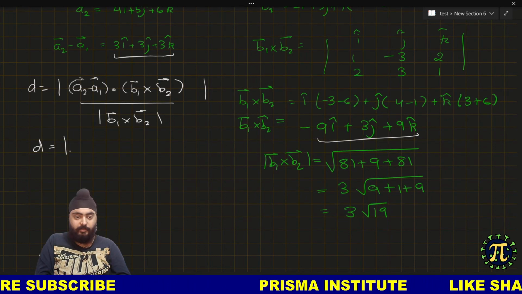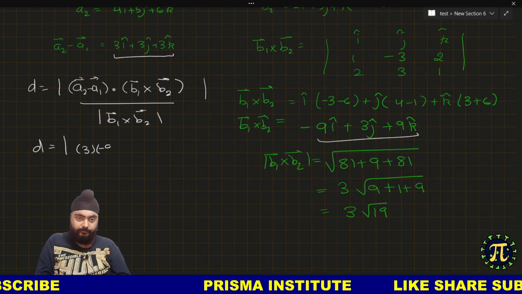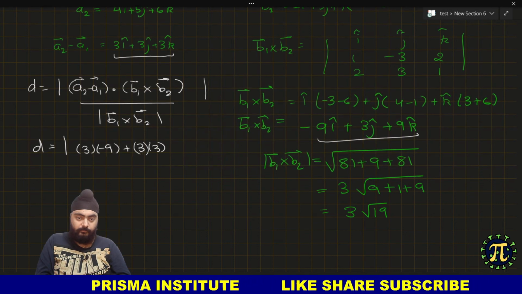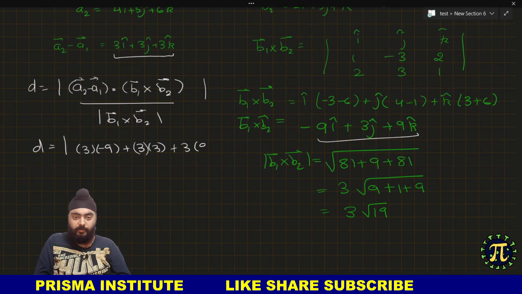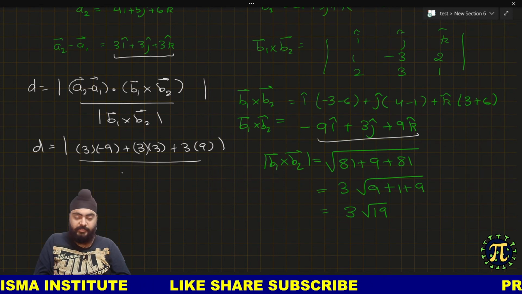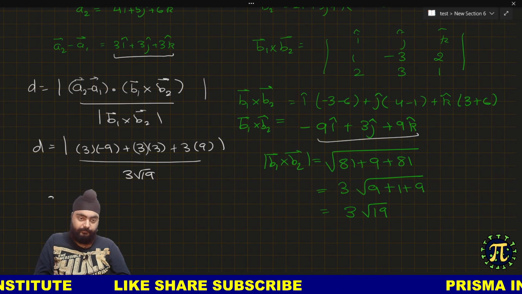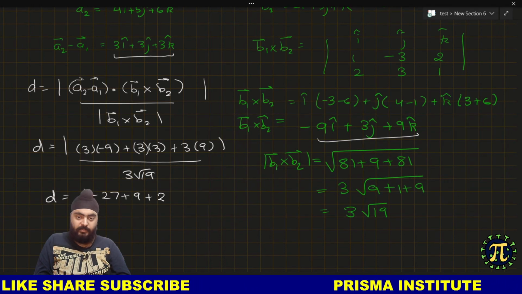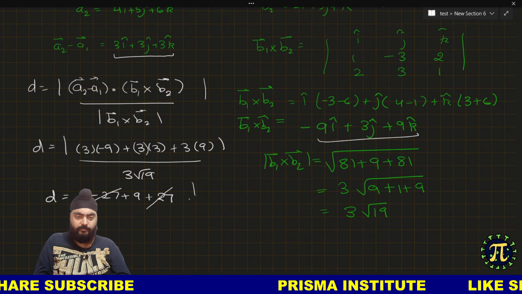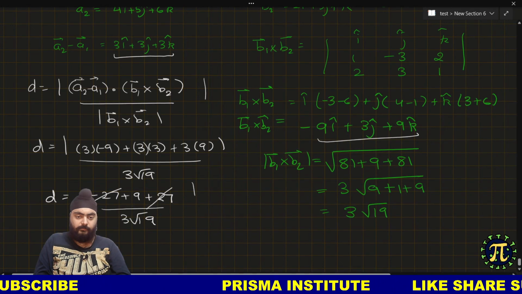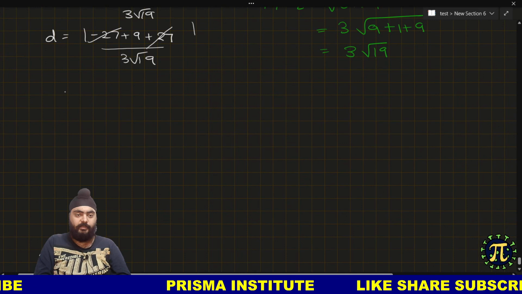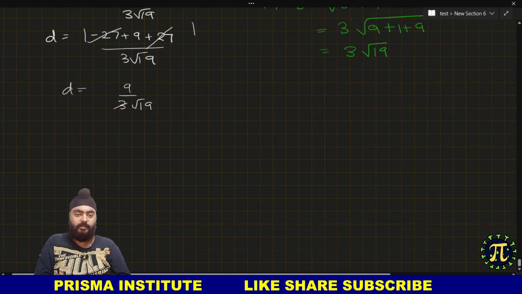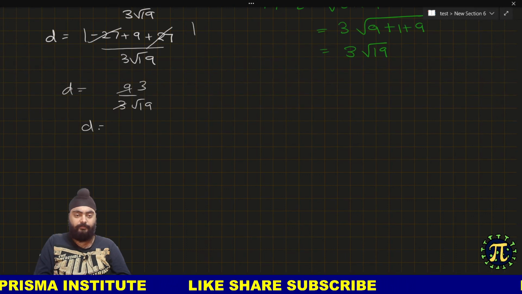तो अंदर वाला डॉट प्रोडक्ट कितना आ रहा है, 3 इंटू माइनस 9 प्लस में 3 इंटू 3 प्लस में 3 इंटू 9, नीचे वाला नंबर है 3 रूट 19. minus 27 plus 9 plus 27. So these two cancel out. So simplifying this, we get 9 by 3 root 19, and this becomes 3 by root 19.